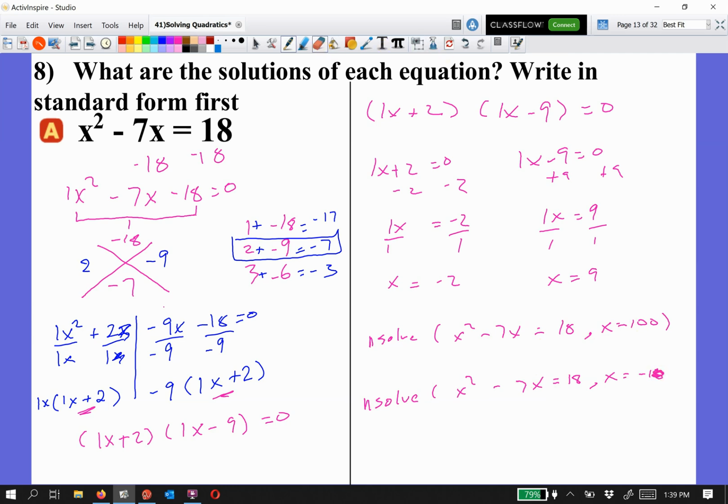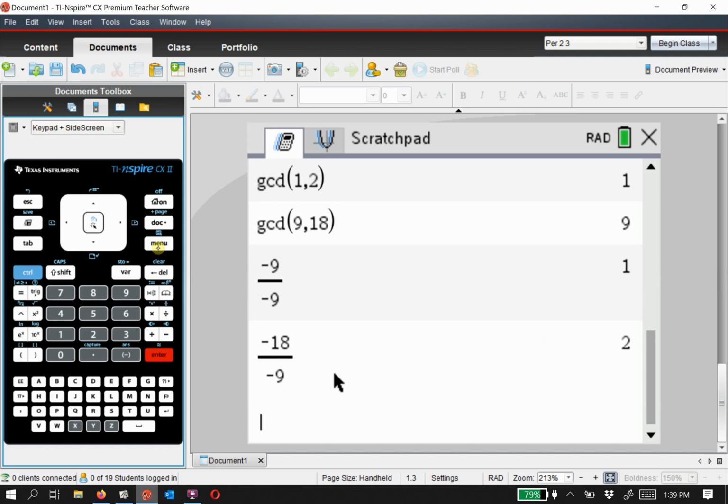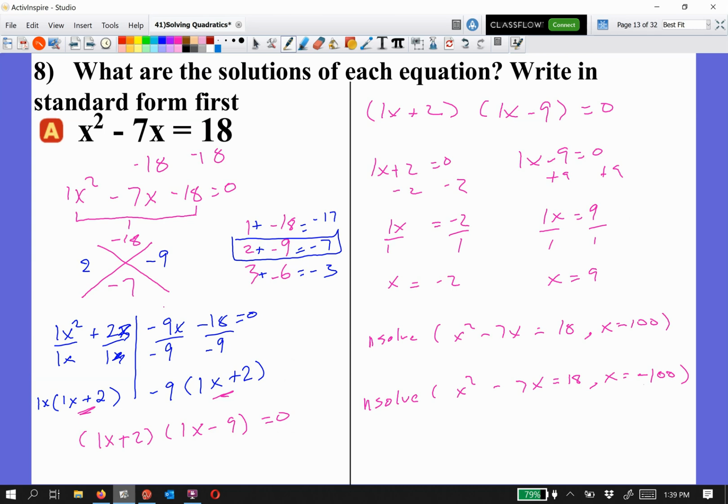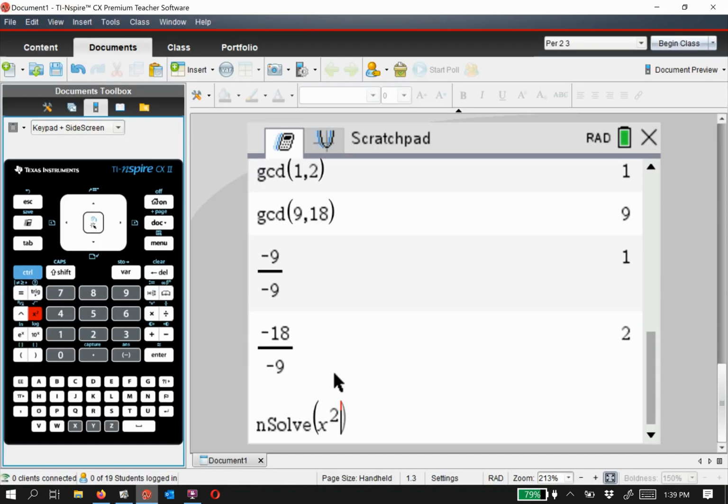Alright, I messed that up again. Stop that, Mr. Dracup. What are you doing? Okay, so there you go. Menu, 3 enter. Okay, x squared minus 7x equals 18, comma, x equals 100.